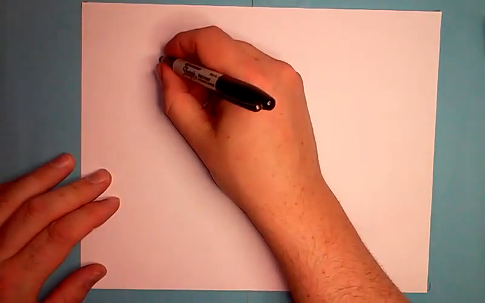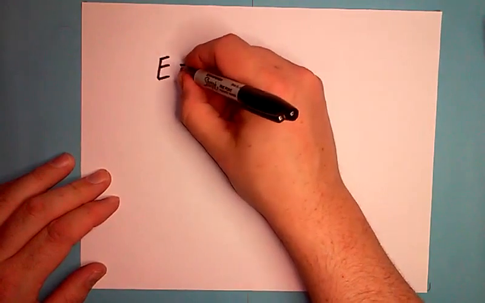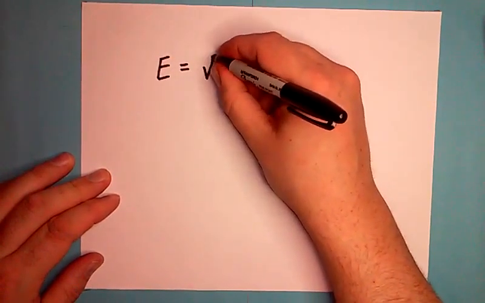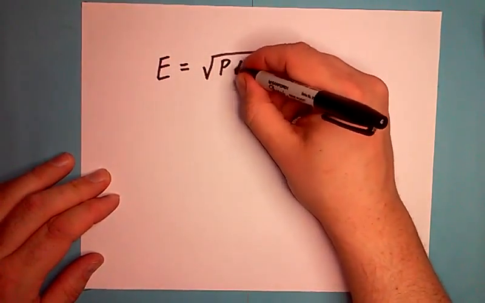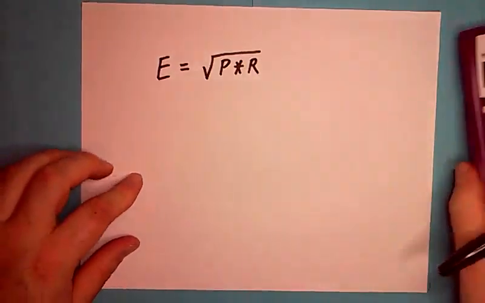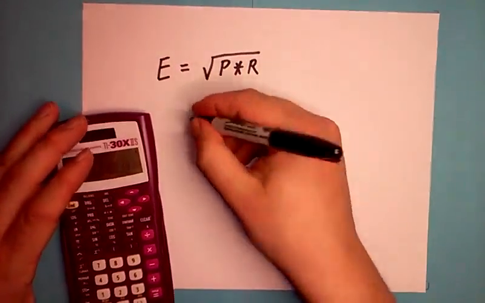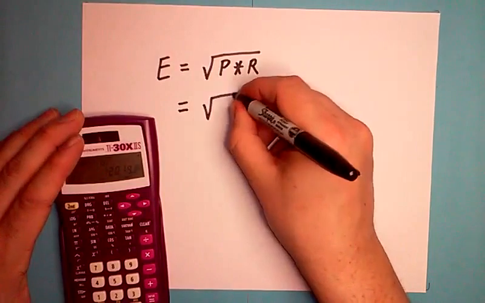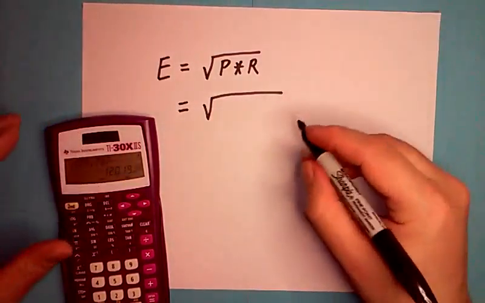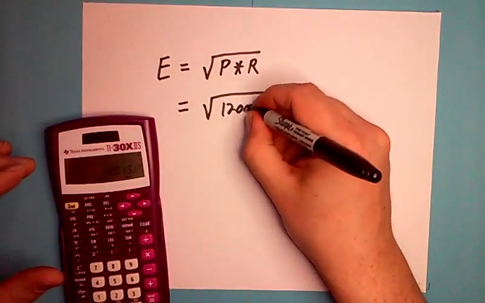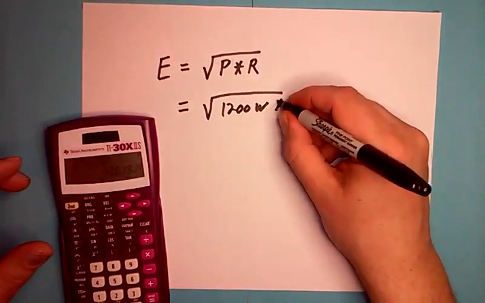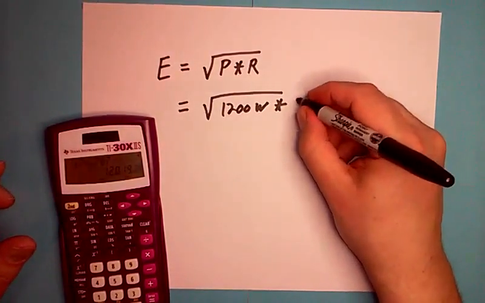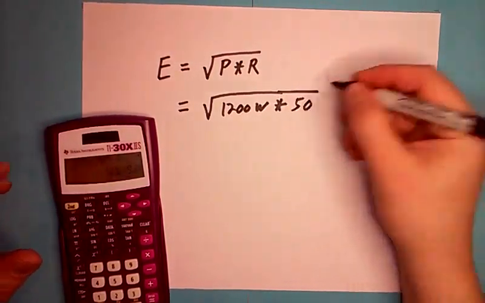So E is equal to the square root of P times R. All right, so that equals P, power, was 1200 watts, times R. R was 50 ohms. Let's extend that out a little bit.